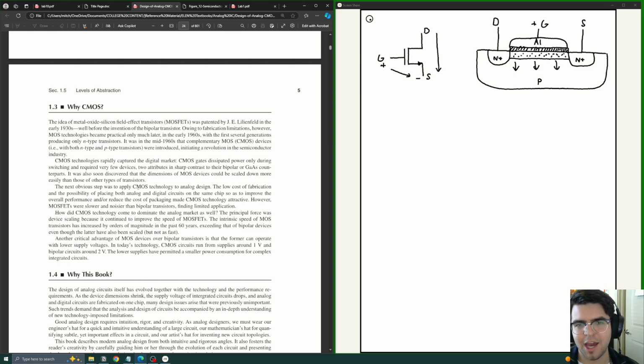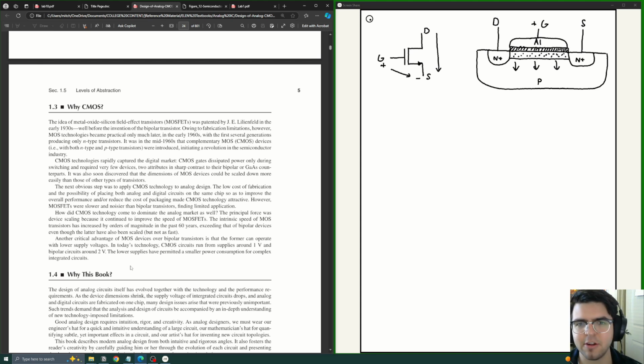Though nowadays we have something called BiCMOS processes, so we can put MOSFETs and BJTs all in one design if we want to. CMOS is also much cheaper, and can be scaled to be much smaller, so the individual devices don't have to be as big. They can also operate at lower supply voltages, which you can see: 1 volt versus 2 volts for BJT, because we can just make the device larger if we need to.